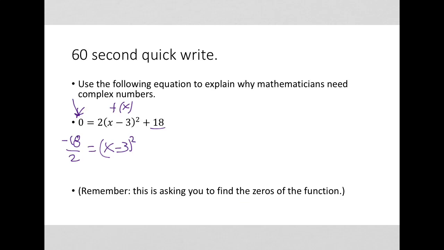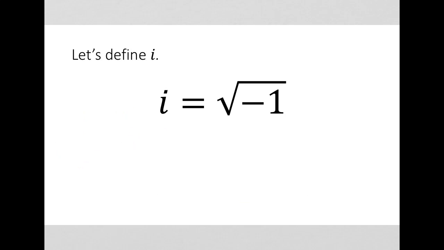And notice that we are taking the square root of a negative number, which up until this point we haven't been able to do. That's why we need the imaginary unit i. It allows us to take square roots of negative numbers. And it does it like this. i is defined as the square root of negative 1.